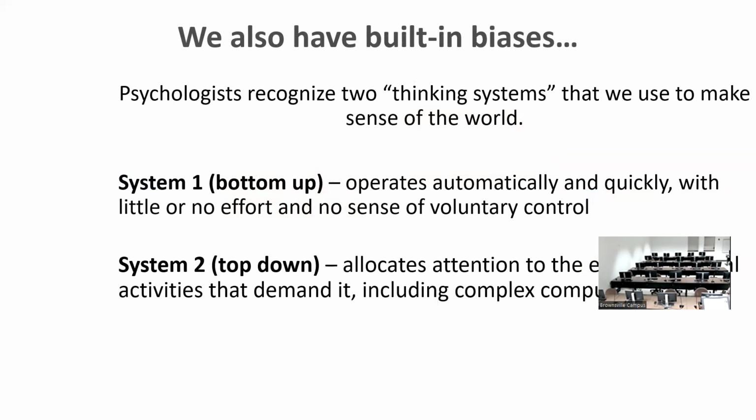System one thinking is very automatic, very fast, and it doesn't require a lot of cognitive effort. And the second system is very slow, requires a lot of attention, and requires a lot of cognitive effort.